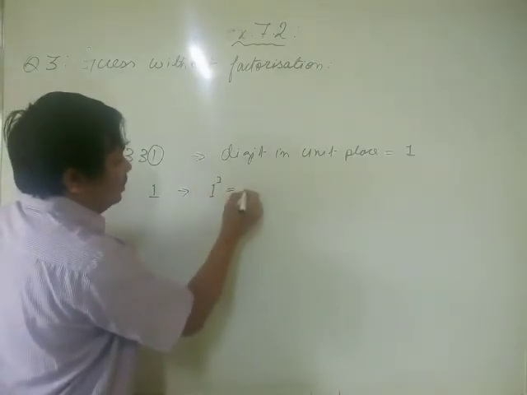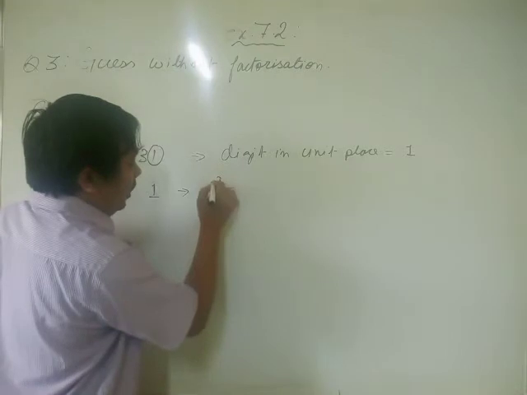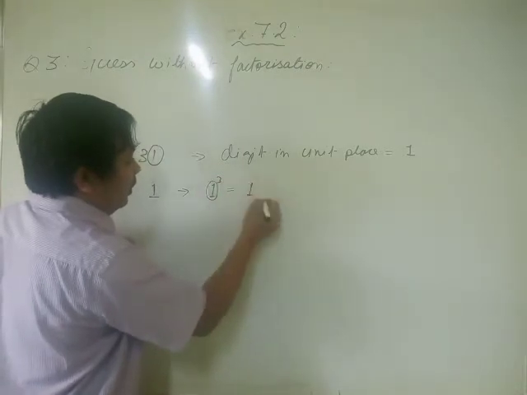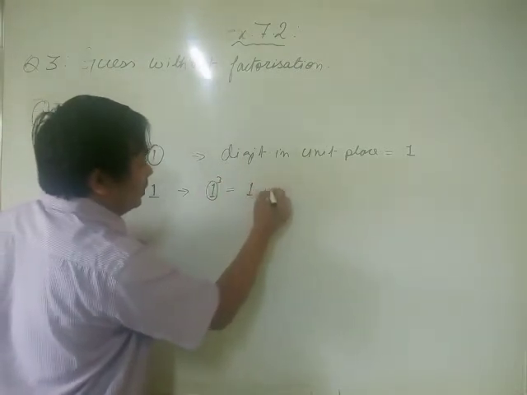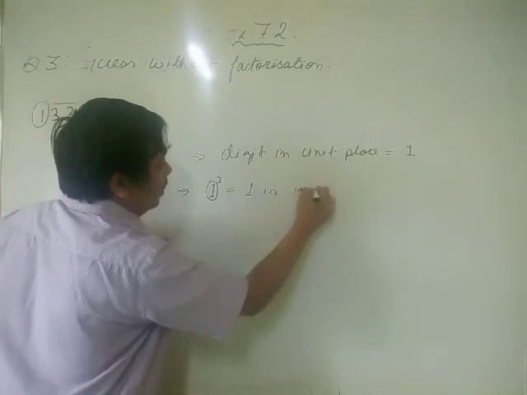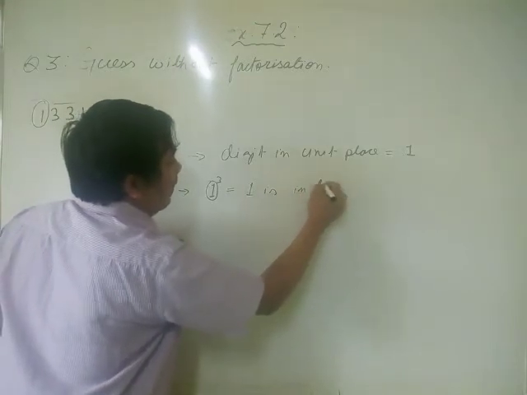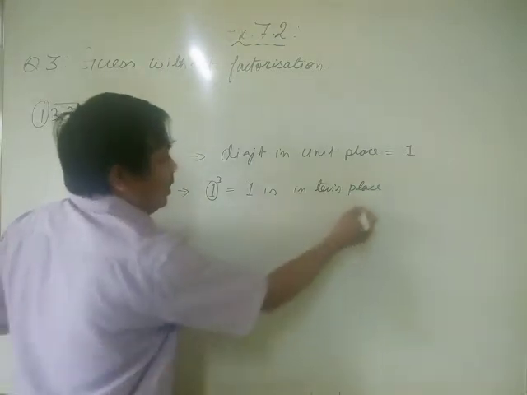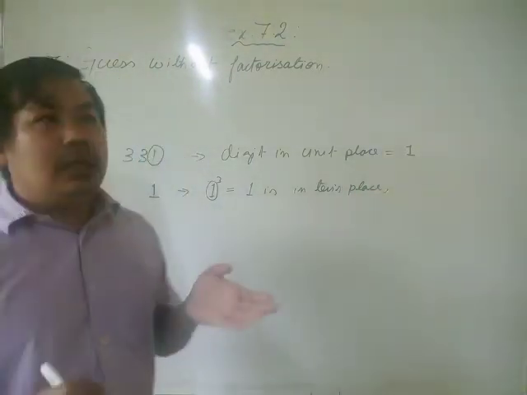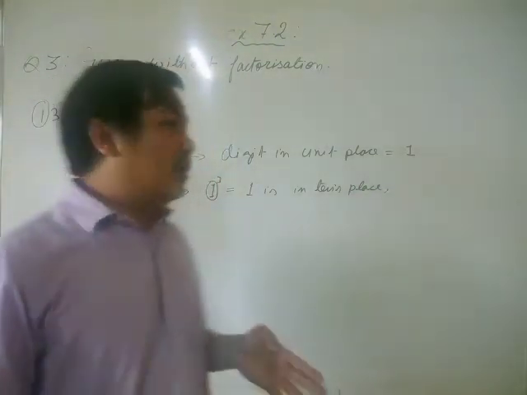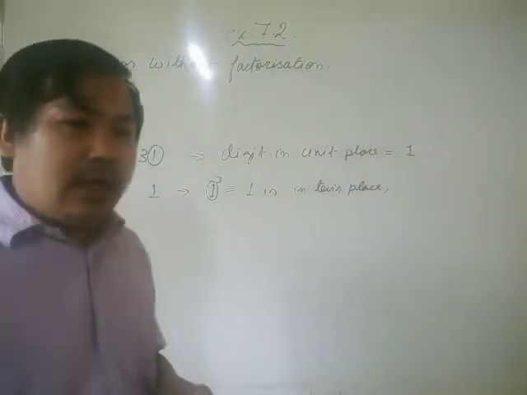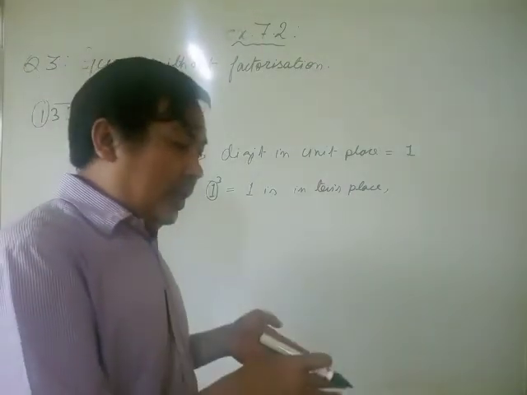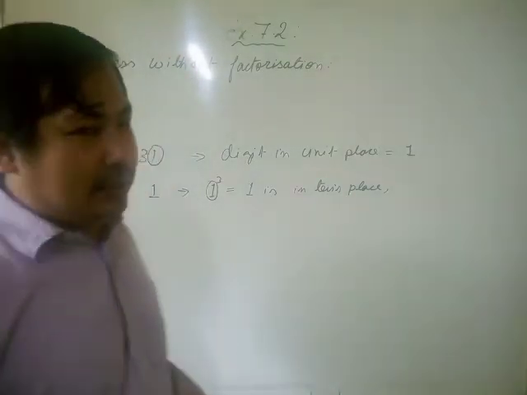So we take the number 1 again, in the tenth place. That means the cube root of the given number has 1 in the unit place and again 1 in the tenth place.